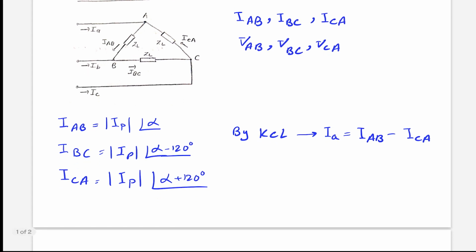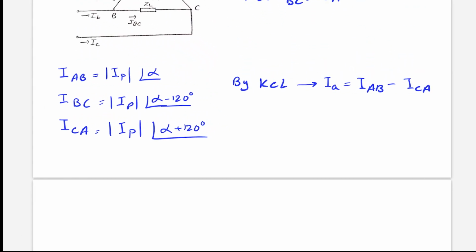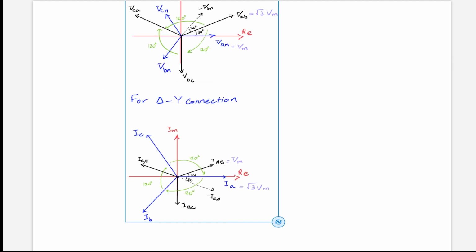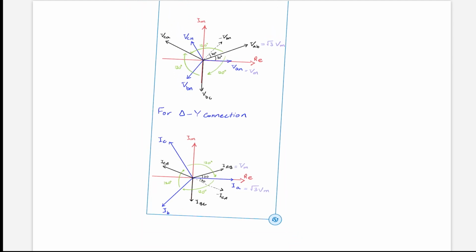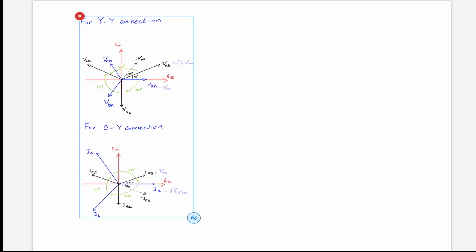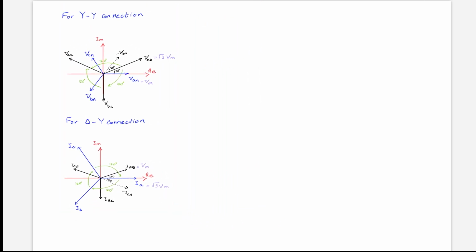Now, let's draw a phasor diagram for this condition. I have drawn the phasor diagram for both cases, when we had Y-to-Y connection and also delta-Y connection.